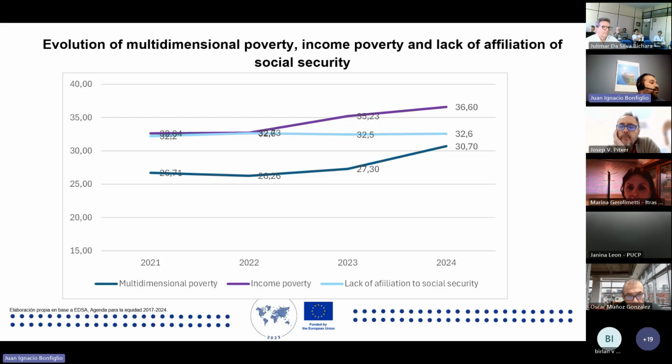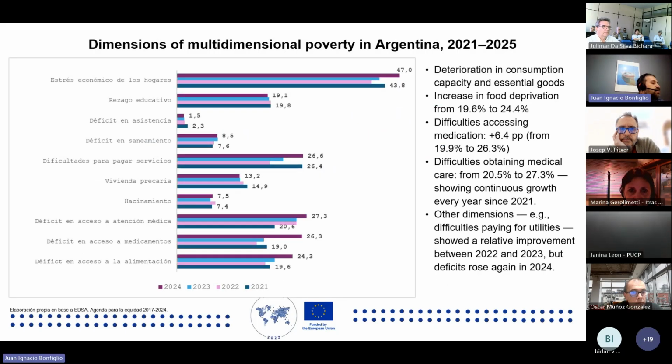The following question arises: how is vulnerability organized? Looking at trends in the dimensions of the multidimensional poverty index, we observe a process of internal reconfiguration of deprivations. Dimensions related to consumption capacity deteriorate more sharply than those linked to more structural factors.